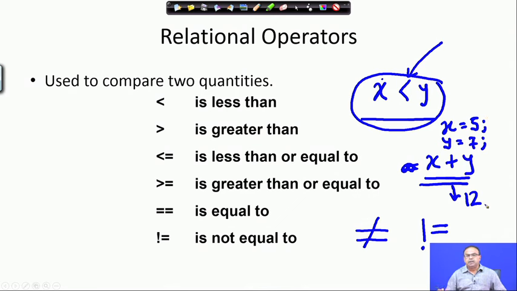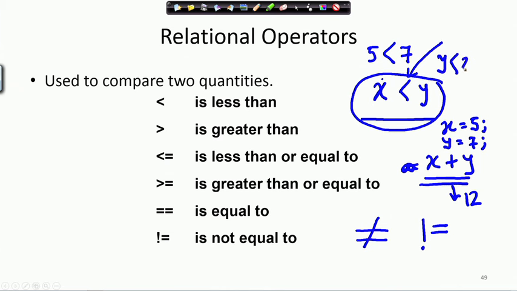Now, if I do this x less than y, that means 5 less than 7, what will this give me? Any relational operator gives me only true or false, 1 or 0. So, when I say x less than y and x is 5, y is 7, it is true.